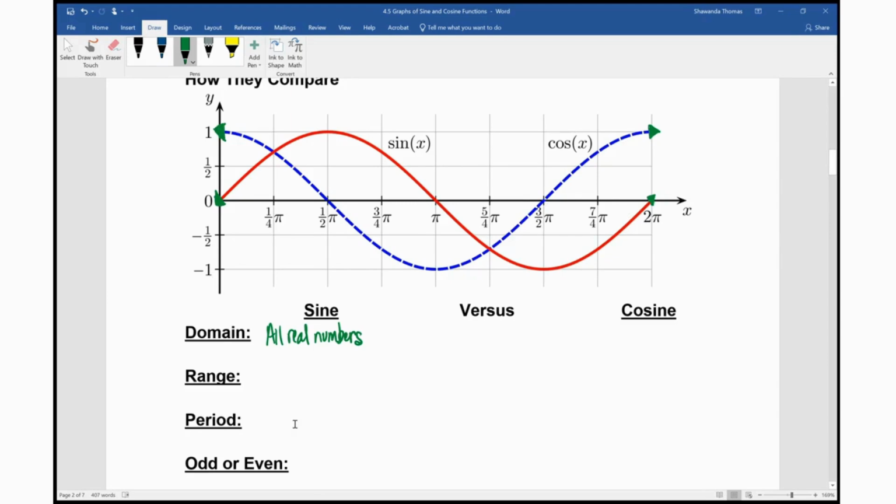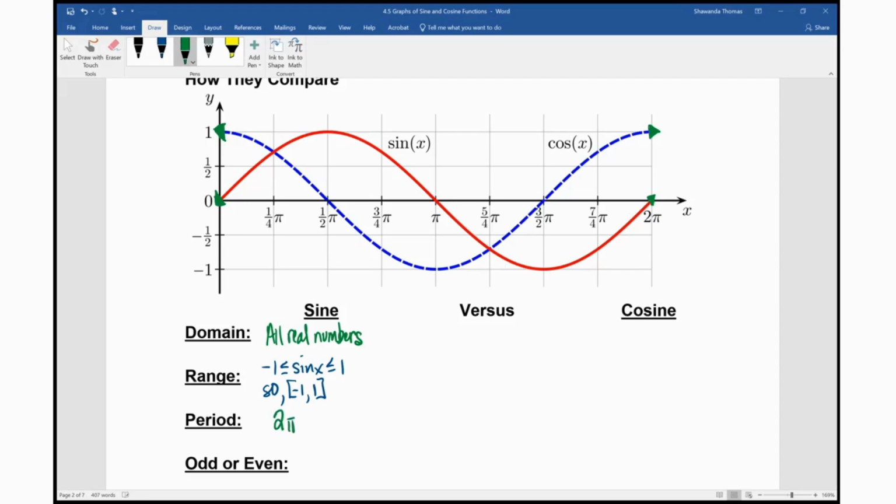For sine, it's always going to be between -1 and +1, so you could write the range as -1 to +1.